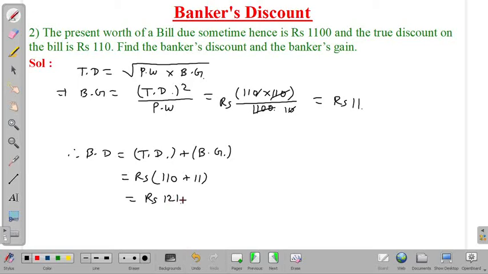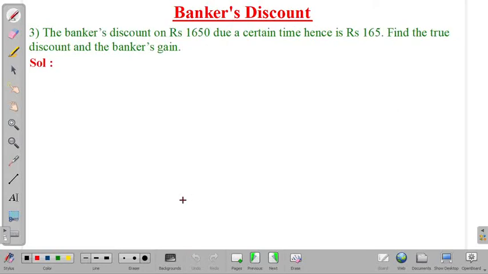We will discuss the next problem. See, in this problem, the banker's discount on rupees 1650, so this is the sum, is given as 165. We need to find the true discount and banker's gain. So we know this formula: sum is equal to banker's discount into true discount divided by the difference between banker's discount and true discount. Substituting the values, we can find the true discount.